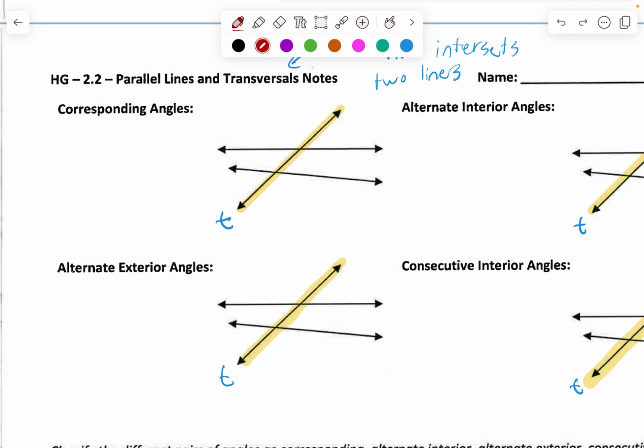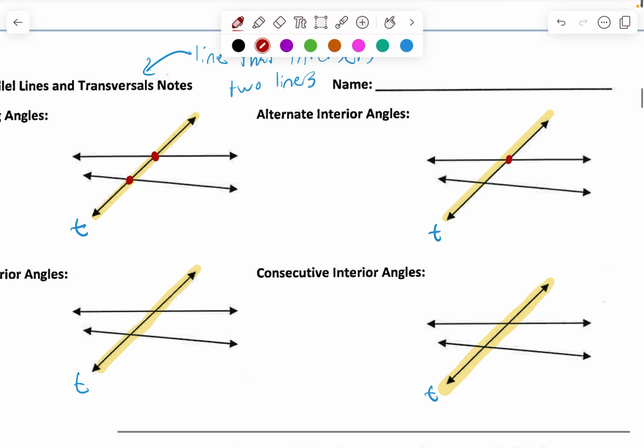And how do we name some of the angles in relation to each other at the two intersection points? Wherever they intersect is kind of the important piece to our relationships, because at each red dot it creates four angles. 1, 2, 3, 4. And then technically there's 8 because there's 4 more here.